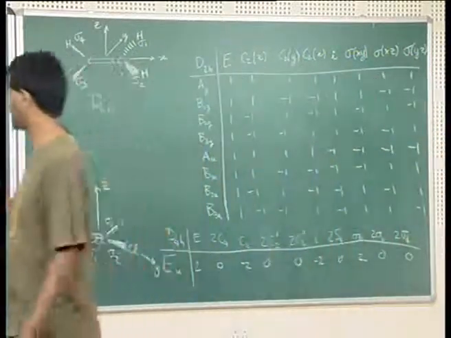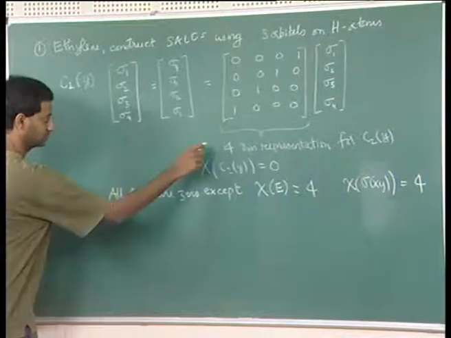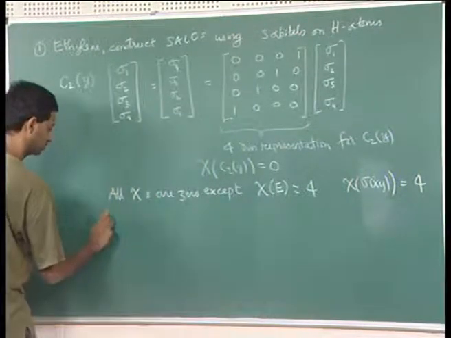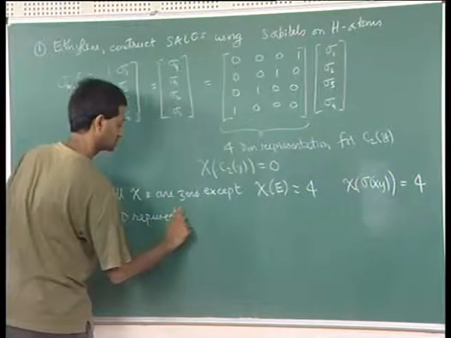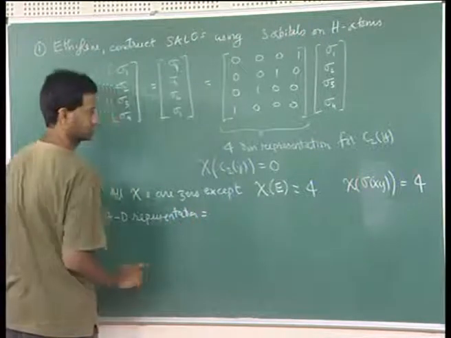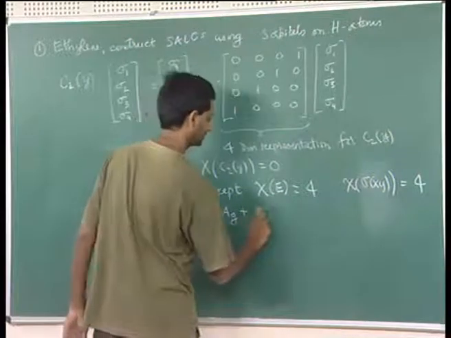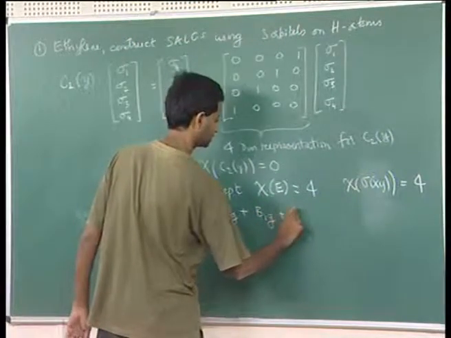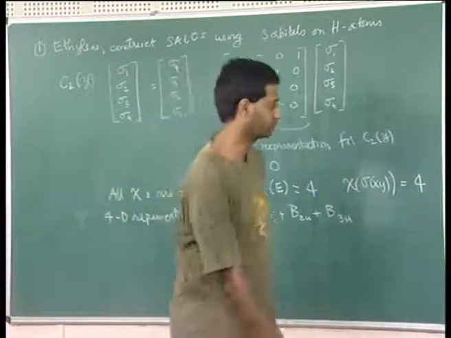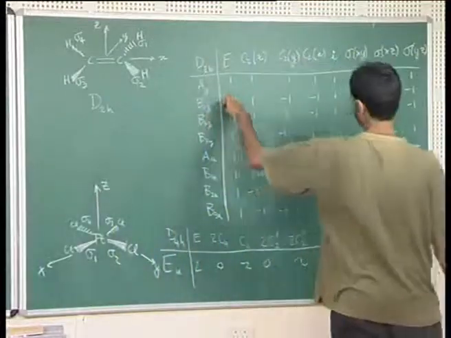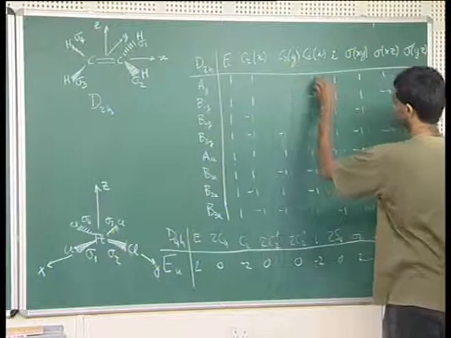So this representation can be reduced. So the 4D representation is equal to AG plus B1G plus B2U plus B3U. Just to confirm, if I take these two, add them up, then I'll get 2 here, 2 here, 0 0.